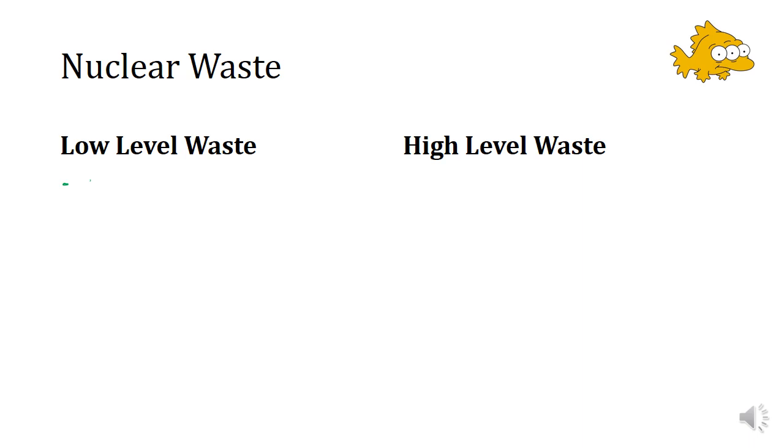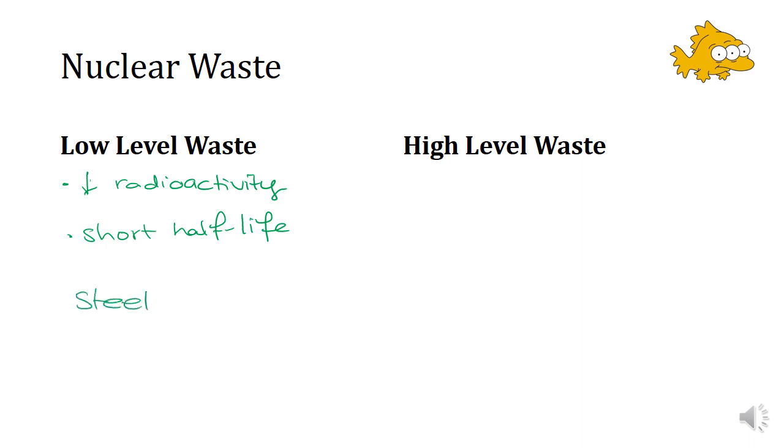Low-level waste tends to have low radioactivity. It tends to be a less dangerous form of radioactivity, and also it tends to have a short half-life. In terms of disposal of low-level waste, basically you put it in a steel barrel and then you bury it in concrete.